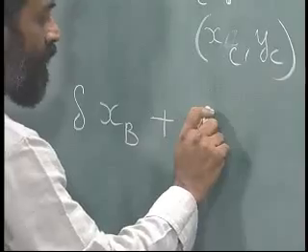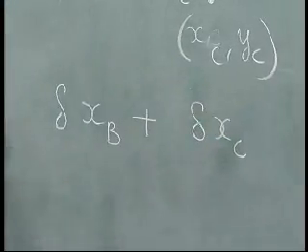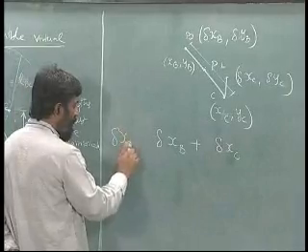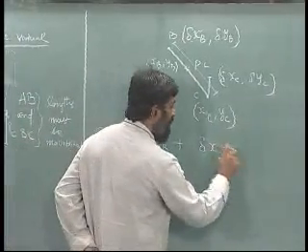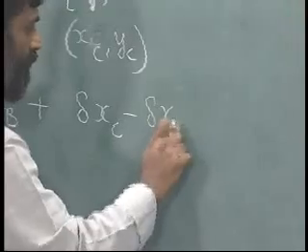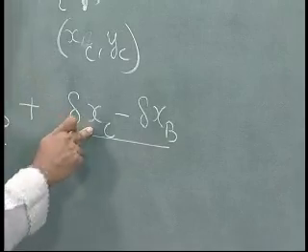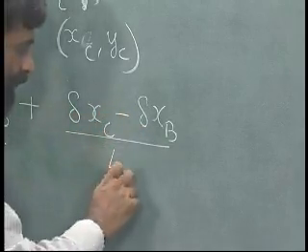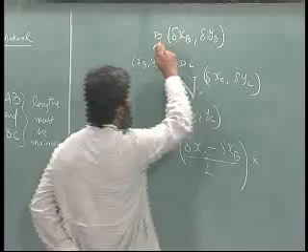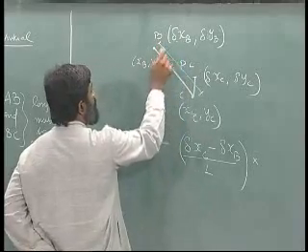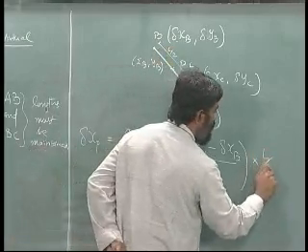So delta x at p is equal to delta xb plus the gradient of that virtual displacement, which is delta xc minus delta xb by L, times the appropriate length. This is L by 2, so I apply L by 2 here.